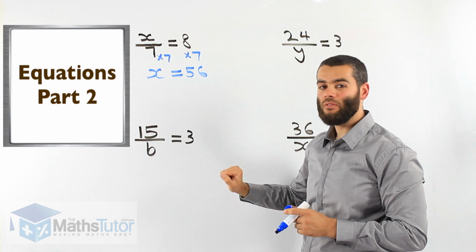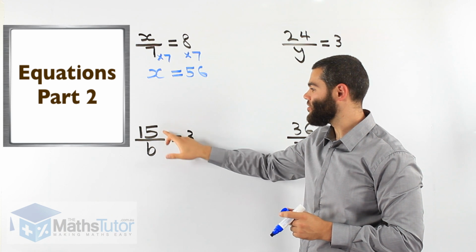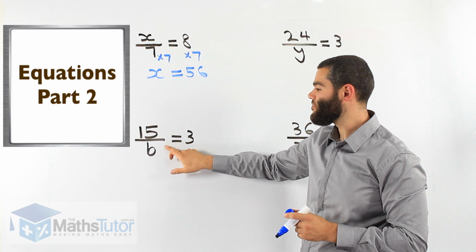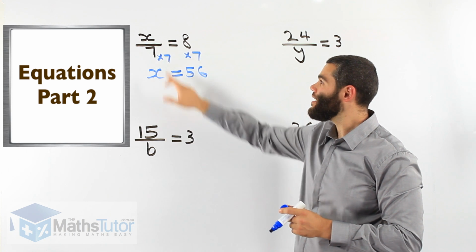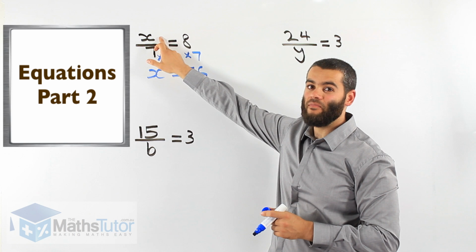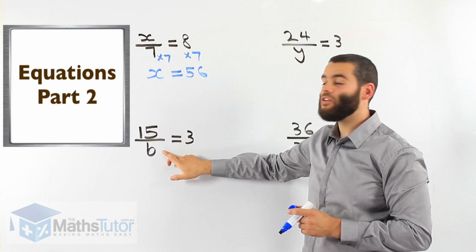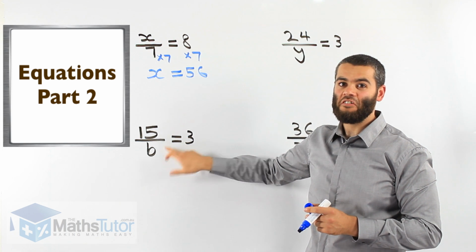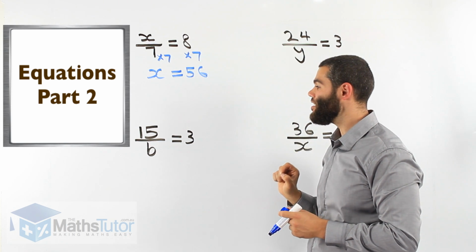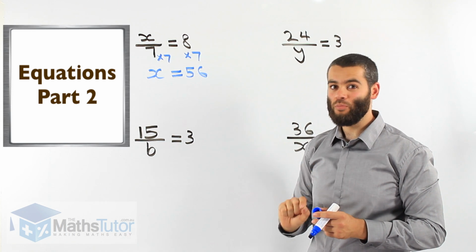While in this example, our numerator is 15, our denominator is b. So here, the numerator is missing, and here the denominator is missing. There's a slight difference here, and it will make a big difference if we don't do it properly.